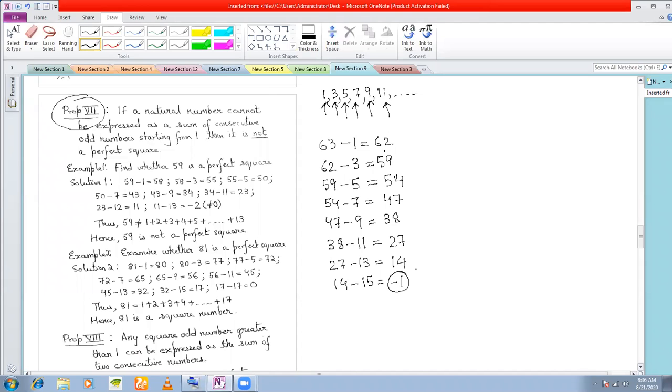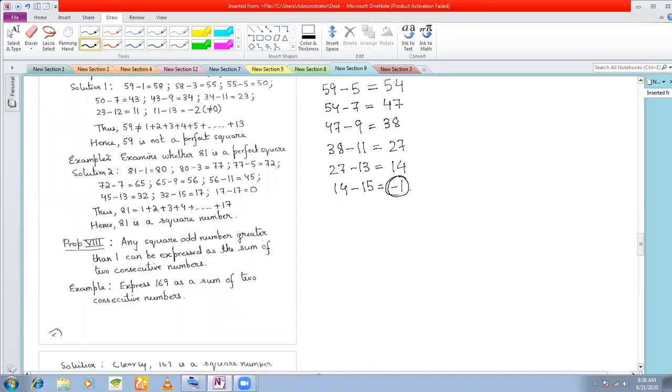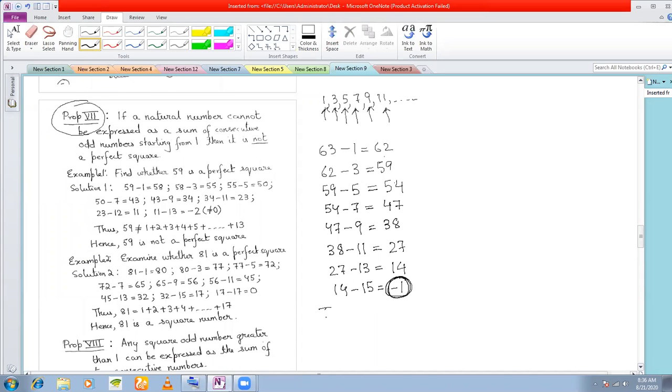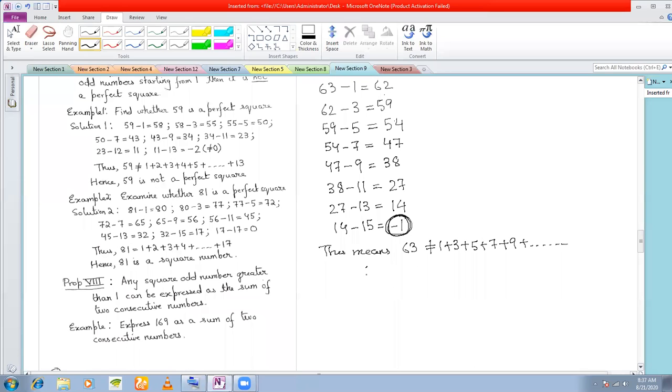Since I'm not getting a 0 at the end, this means that 63 cannot be expressed as a sum of successive odd numbers, consecutive odd numbers. It cannot be expressed. Therefore, we say that 63 is not a perfect square.